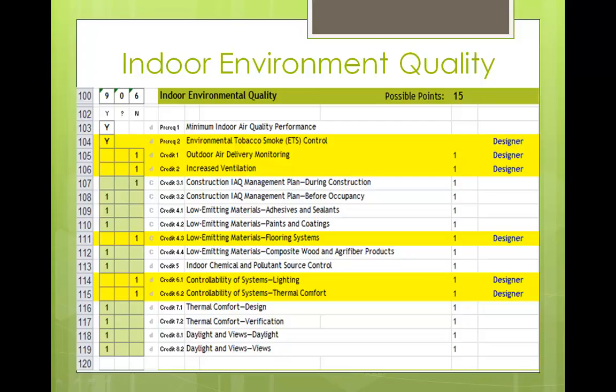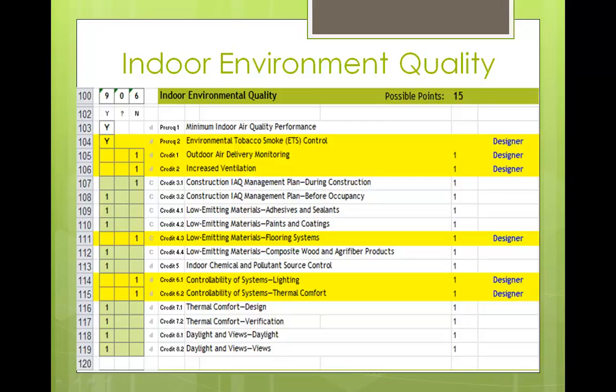Increased Ventilation increases the amount of outdoor natural air used. This would not be economically feasible to install in the Lambda Chi House because they do not have this type of system initially, and it would be way too expensive. Low-Emitting Materials, flooring systems, reduces indoor contaminants that create odors.